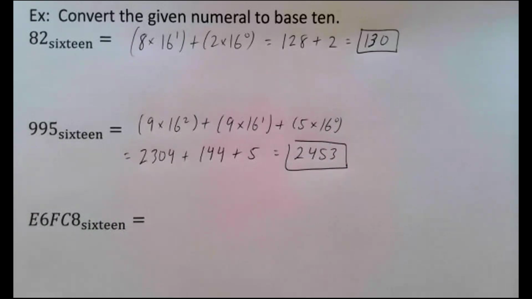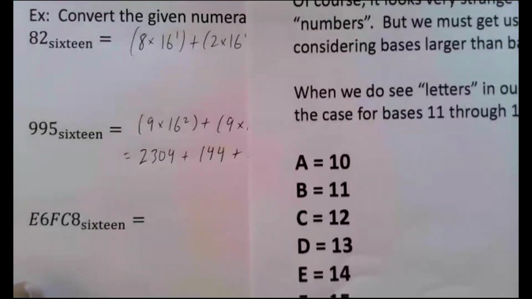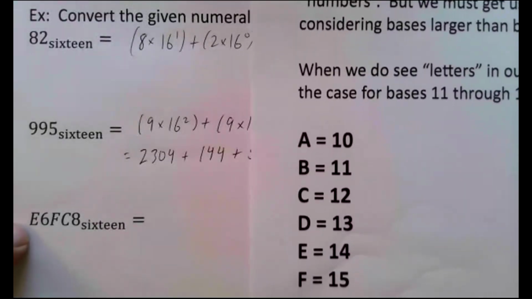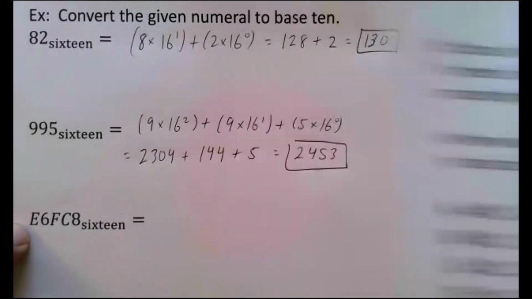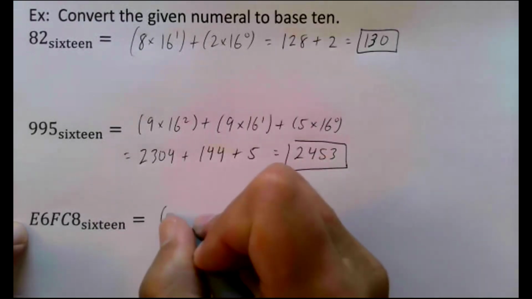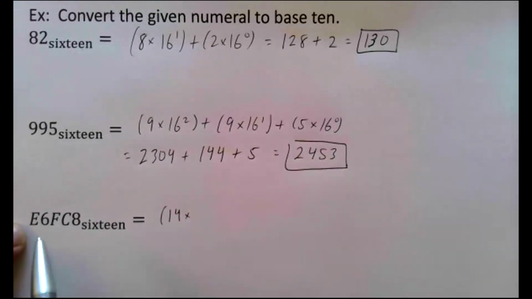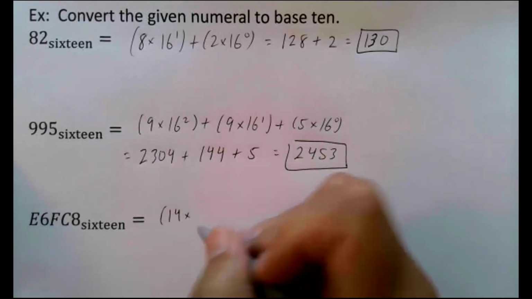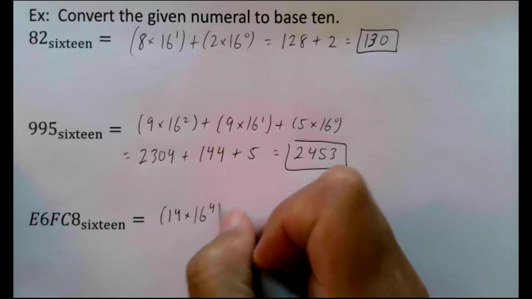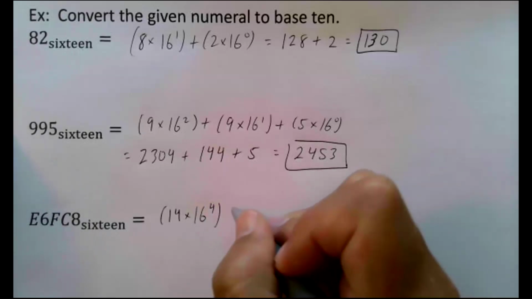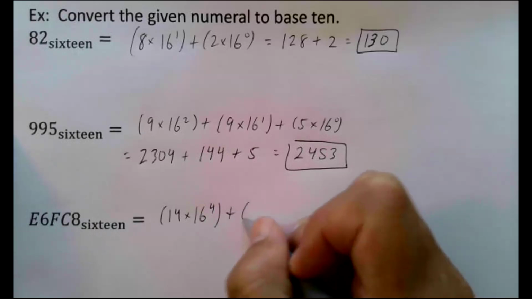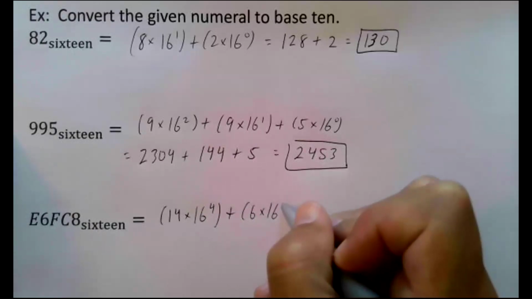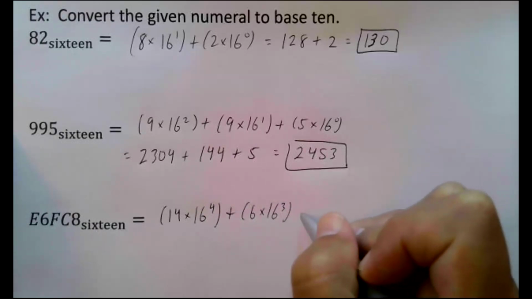And then finally, for this page, E is 14. So I have 14 sets of, remember this is 16 to the 0, 1, 2, 3, 4, I have 14 sets of 16 to the fourth power. I have 6 sets of 16 to the third power.